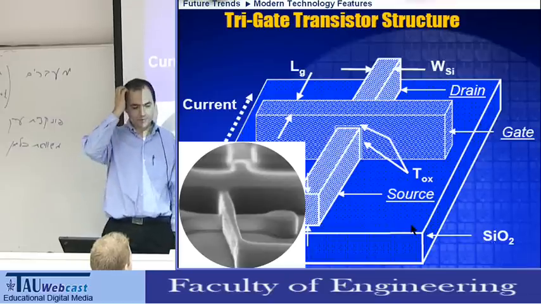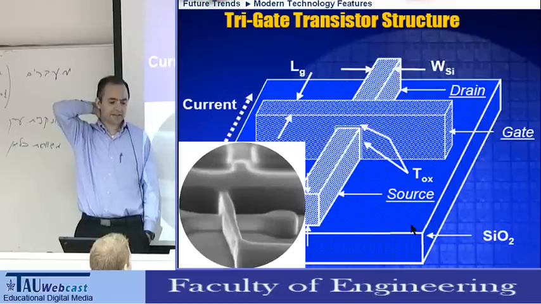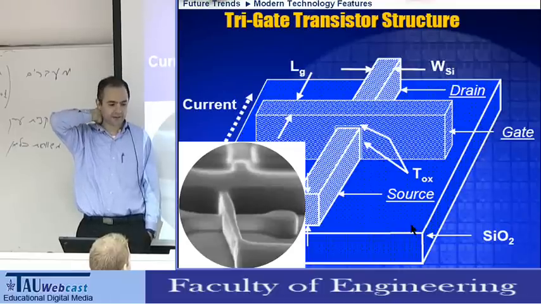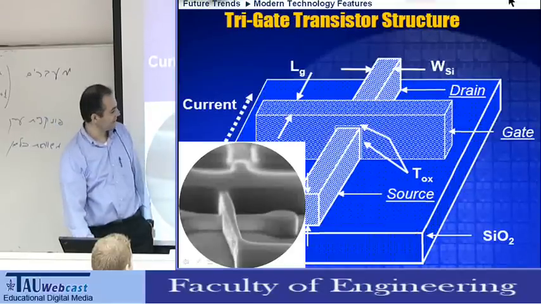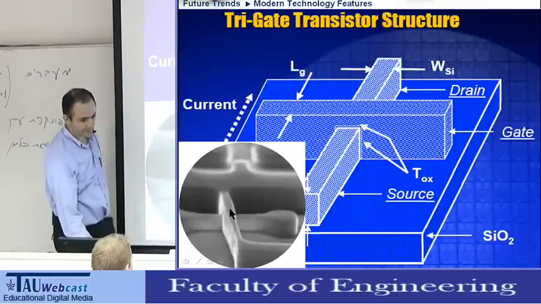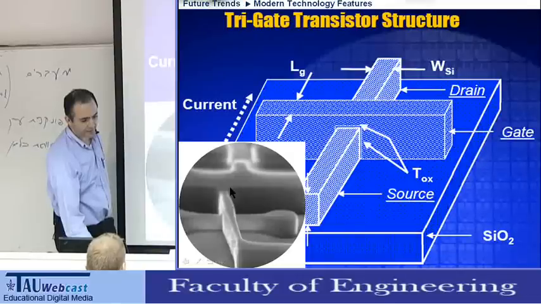Yes. Okay. Another thing, which at the time, again taken from Gordon Moore's lecture, was a drawing, and later Intel published this picture. You can see the gate, and this is the source and drain. This is a tiny silicon line, and instead of having the gate control it only from the top, it controls it also from the two sides.